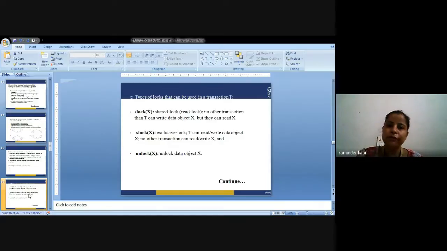But with an exclusive lock, the transaction can read and write, but no other transaction can read or write. And last is unlock, to release the lock from a particular object.